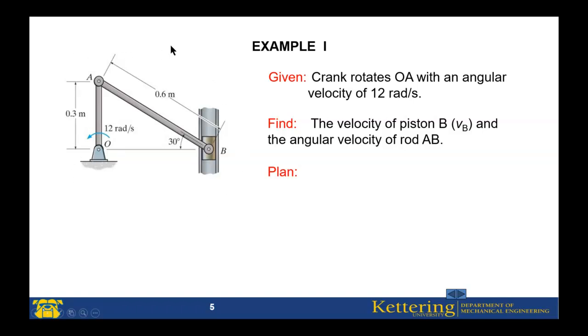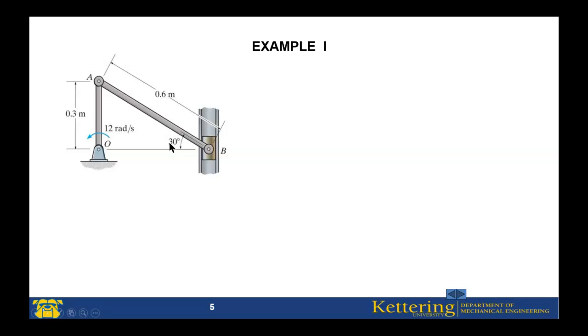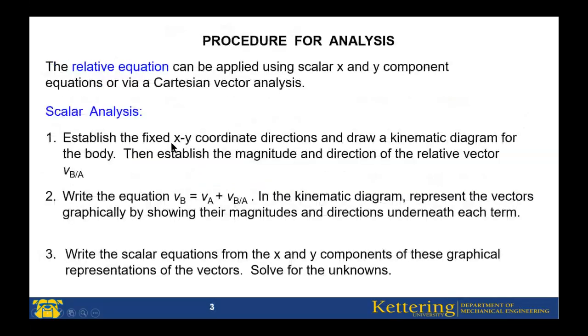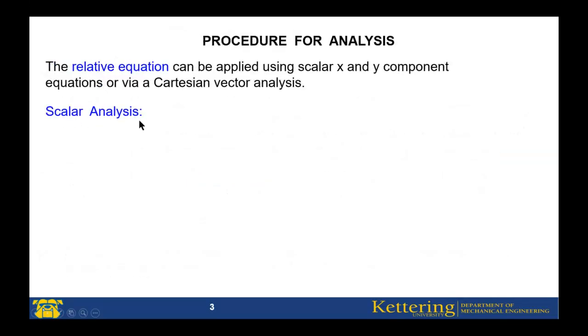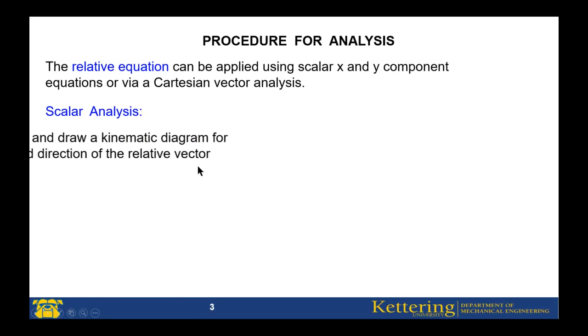To solve this, there are two solutions. One, we use the scalar analysis. In my opinion, the scalar analysis needs more practice. Based on my experience, if you start to solve the problem in the vector analysis, when you solve more problems in the vector, then you can go to the scalar analysis. Let's start with the vector analysis.